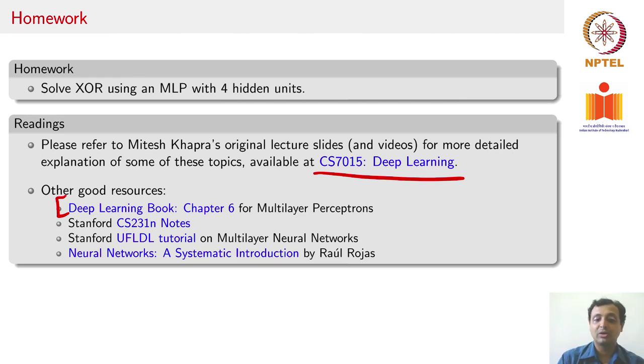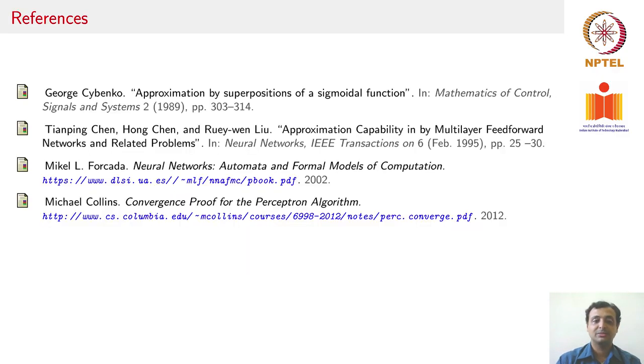There is also the Stanford CS 231n course, whose notes are also relevant here. There is also the Stanford UFLDL tutorial and a very nice introduction to neural networks by Raul Rojas. Here are some references, and we'll stop here for now.